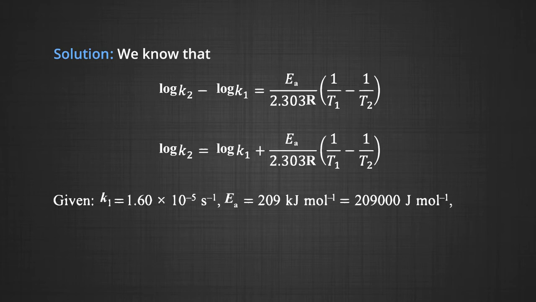Now the given data: K1 is equal to 1.60 into 10 raised to power minus 5 per second. Activation energy is given as 209 kilojoules per mole. Since it is given in kilojoules, we have to convert it into joules, so it will become 209,000 joules per mole. Temperature T1 is 600 Kelvin and T2 is 700 Kelvin.